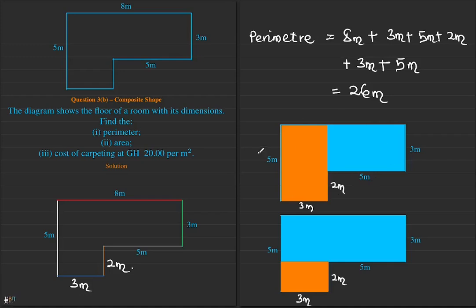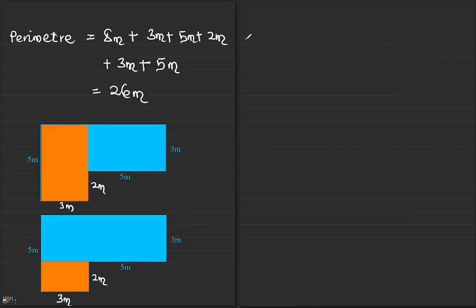So I'm going to work with the first one and then you'd also try the second one and compare. Let me know in the comment section if you get the same answer. So I'm going to say the area of the figure, I would call this A and I'll call this B, is the area of A plus the area of B. All right.